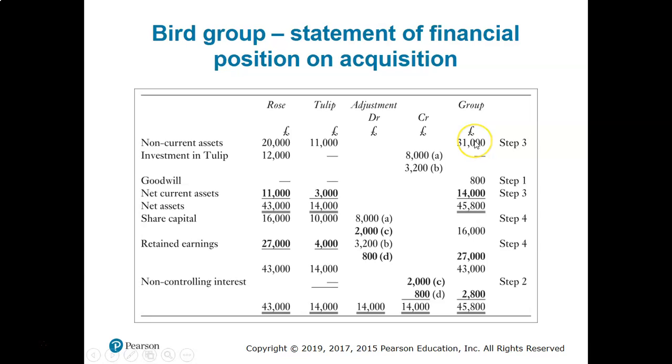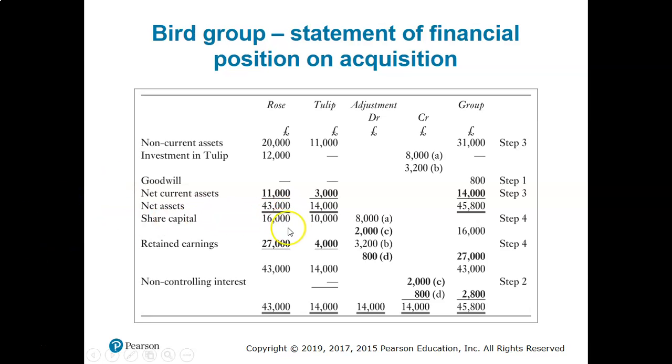If you add these assets together, 31,000 and 800 goodwill and net current asset 14,000, altogether 45,800. And on the liability side, as we mentioned before, we need to consider the parent company's part.